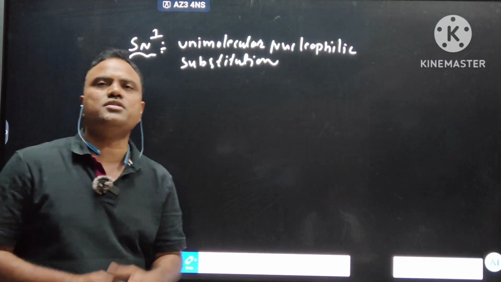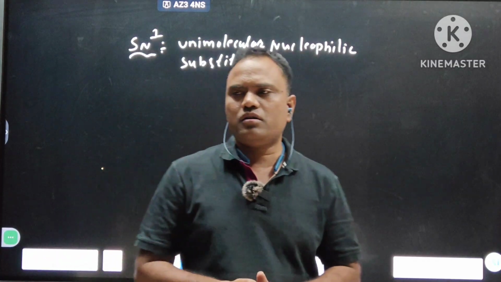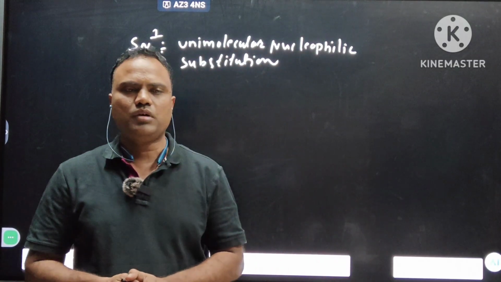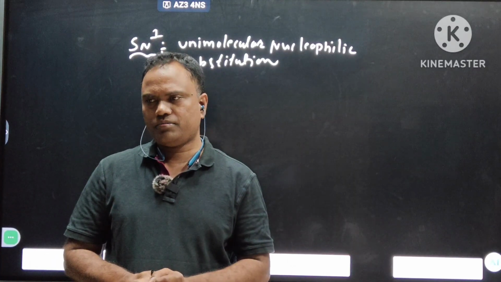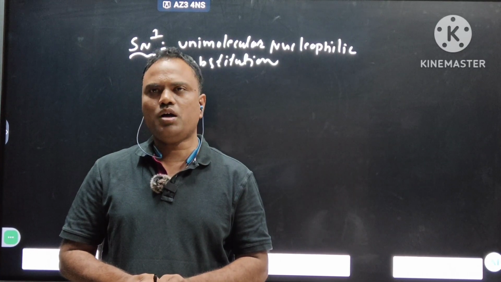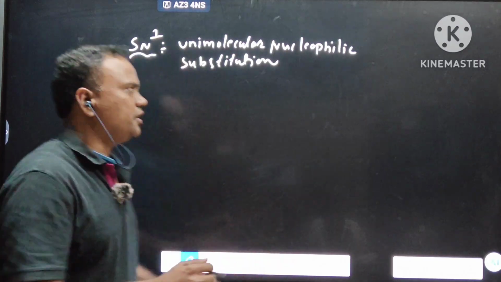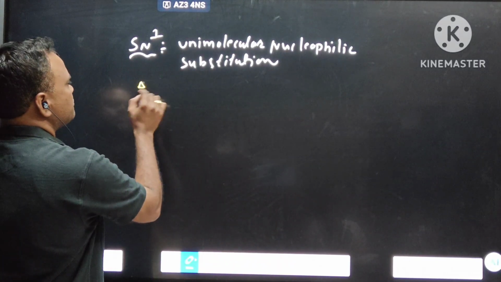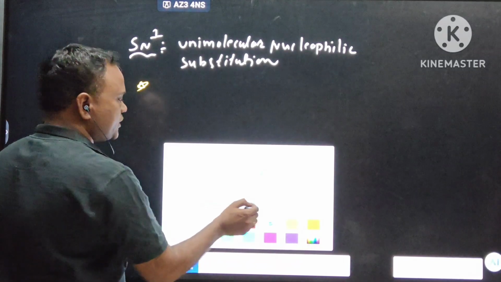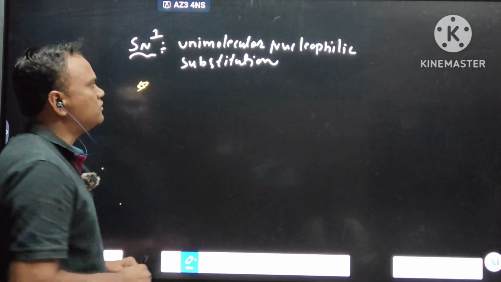Now see the points. First of all, try to understand the theory points. If you are perfect in the theory concept, then you can do the questions. Every point is most important.